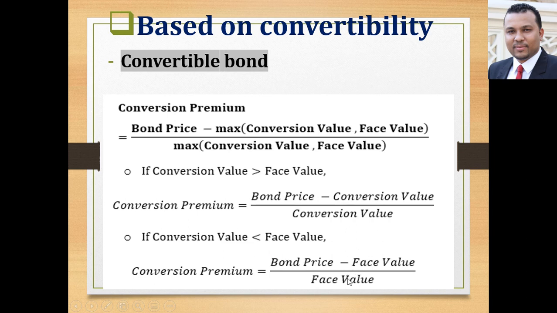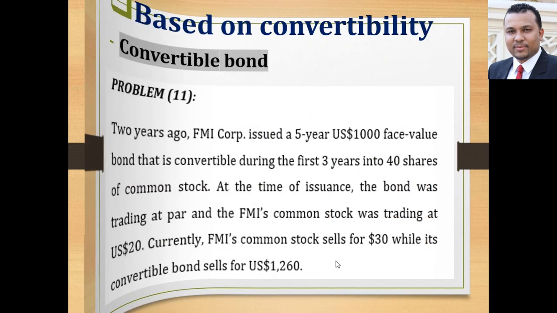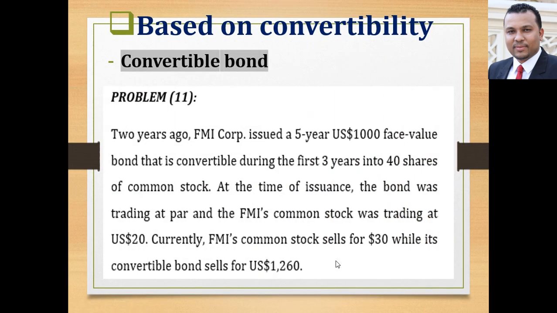In the case of conversion value lower than face value, we replace it with the bond price minus face value divided by face value. Now we can present problem 11 to discover the difference between all cases, on page 142 of our textbook.